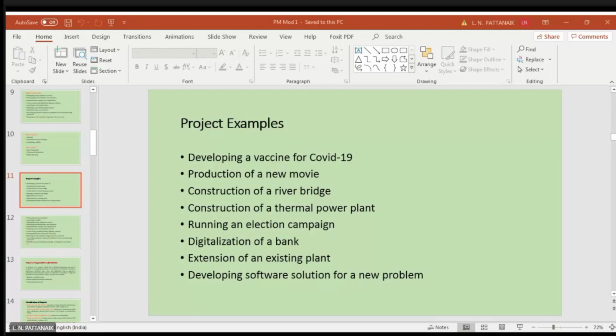Can you give some project example? Or do you have any kind of project activity in your mind which you are in doubt whether it will be a project or not? You can ask me that. We can discuss. No. Any example in your mind which you are in doubt?